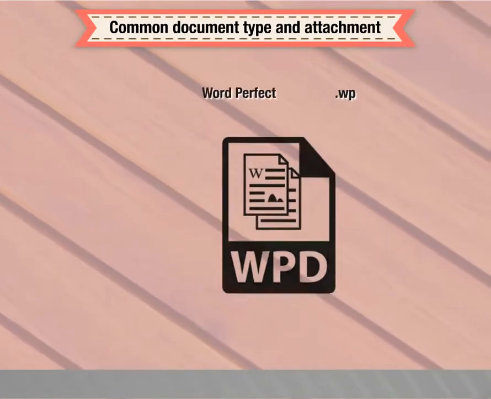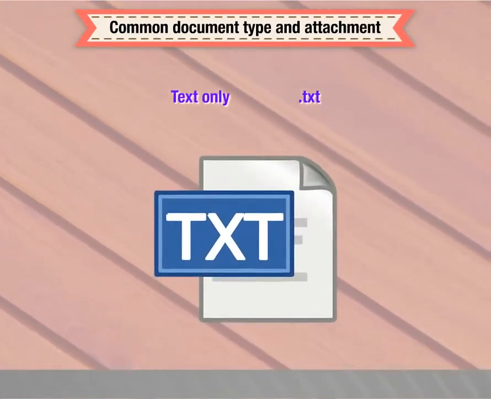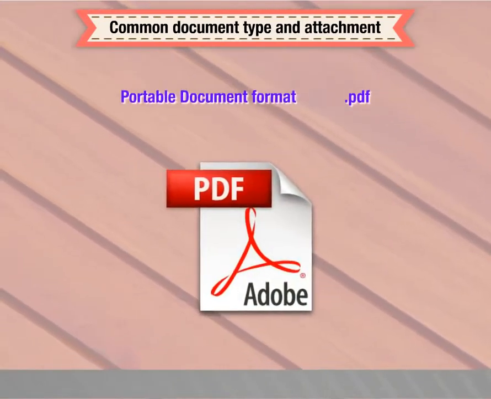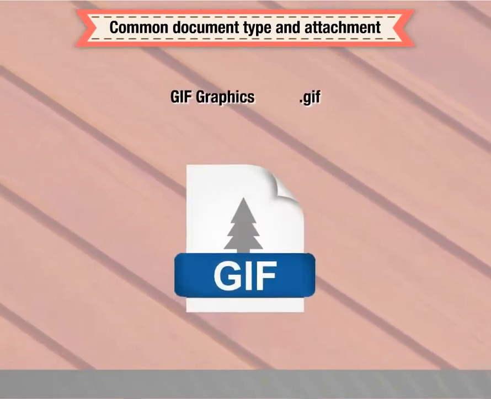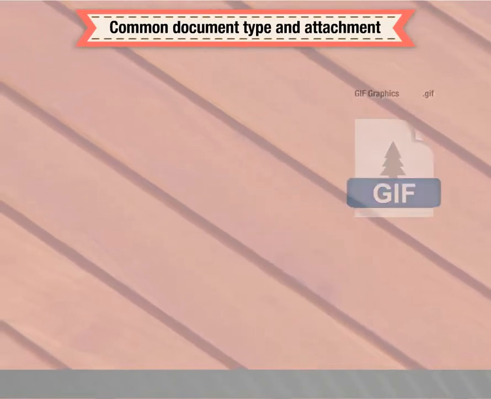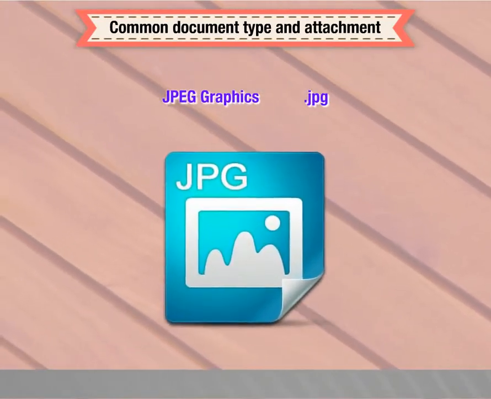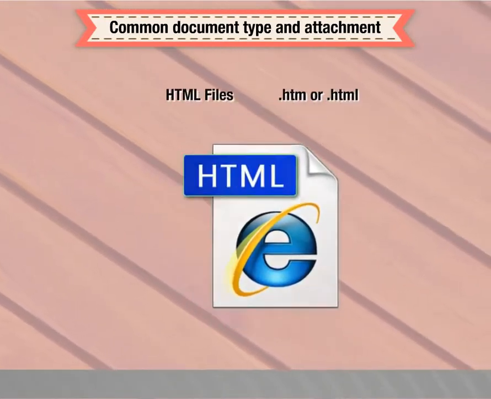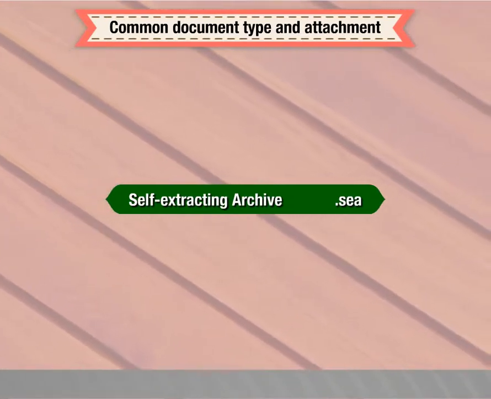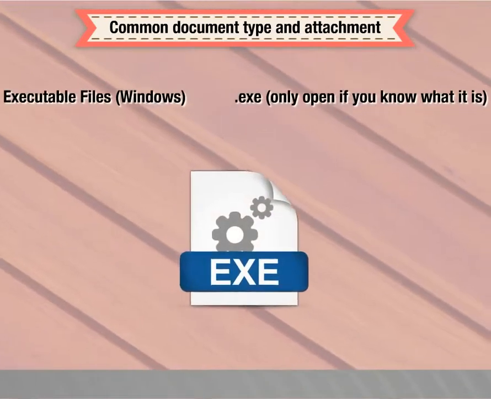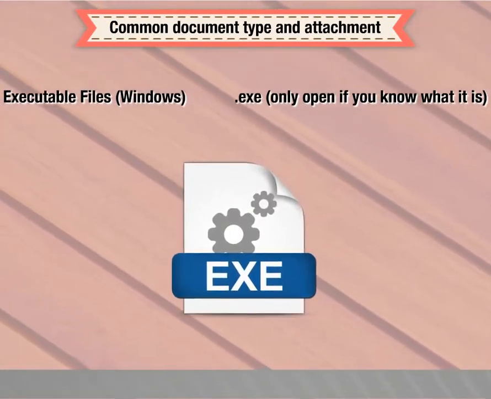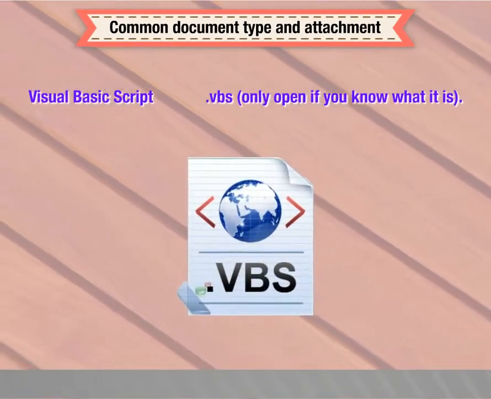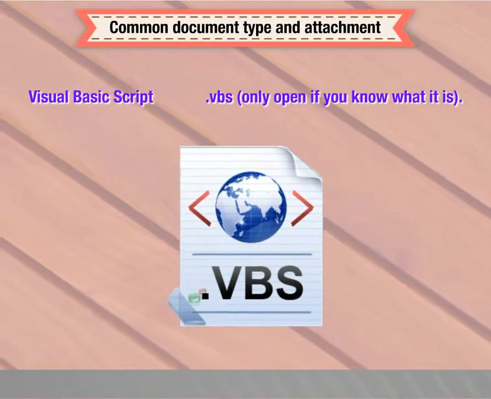WordPerfect .wp, text only .txt, rich text format .rtf, portable document format .pdf, GIF graphics .gif, JPEG graphics .jpg, HTML files .htm or .html, self-extracting archive .sea, executable files for Windows .exe, only open if you know what it is. Visual Basic Script .vbs, only open if you know what it is.